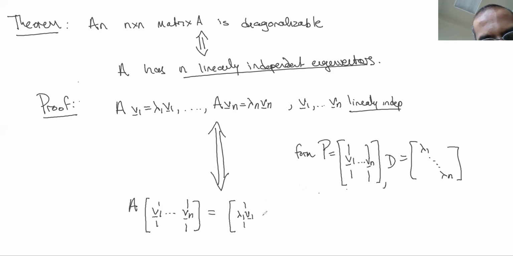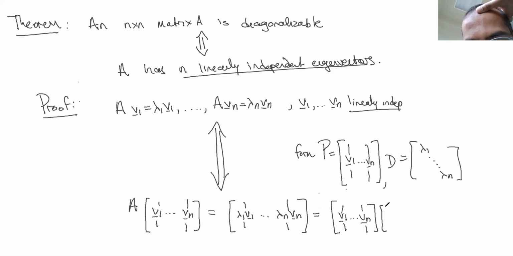That's what it means to be eigenvectors. I'm just rewriting the same thing in matrix form. But now here's a little algebraic insight that you have to have. This is literally the matrix P times the diagonal matrix D. You can just check this for yourself. Just do the matrix multiplication. Lambda 1 always multiplies an entry in the first column.